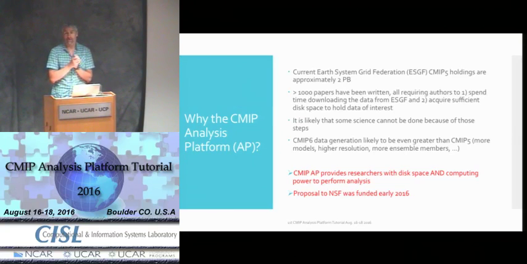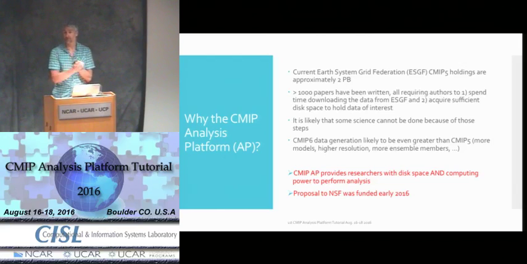No one that I know of has enough money to buy 2 petabytes of disk, and that would probably not be a very good way of spending your NSF funding.